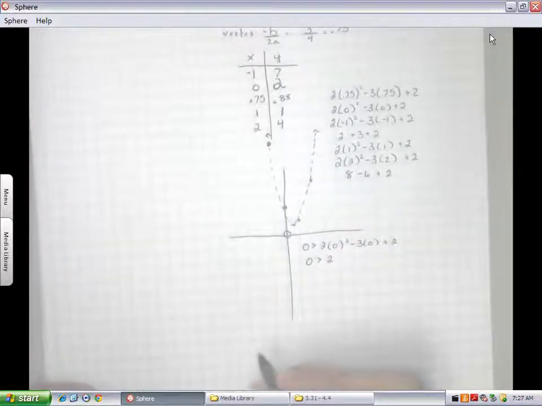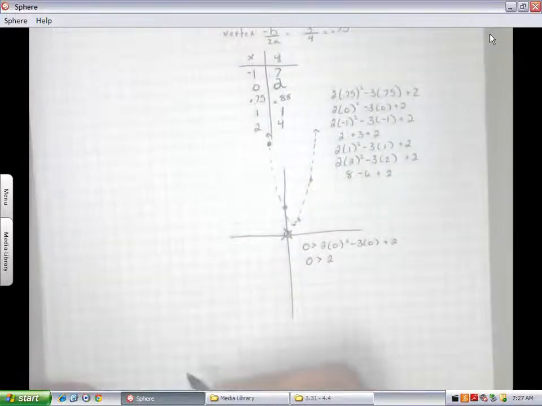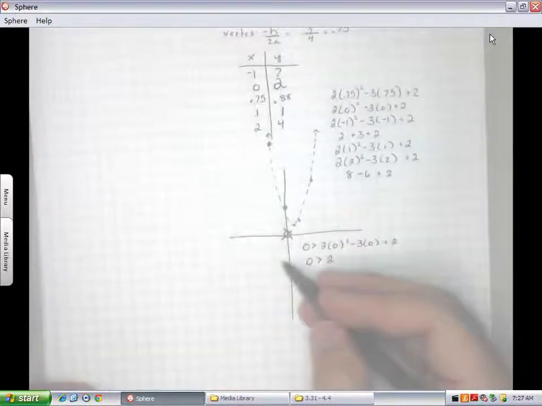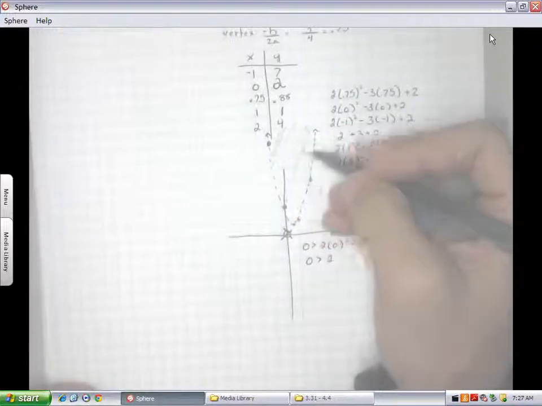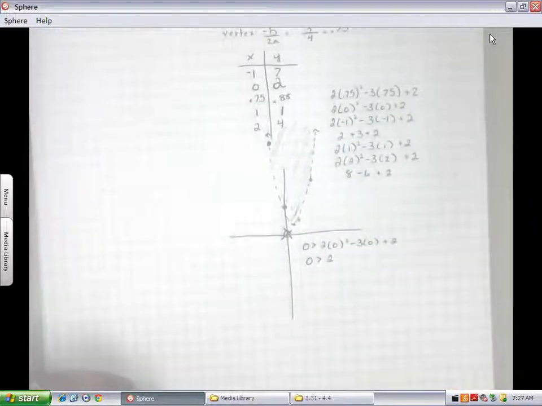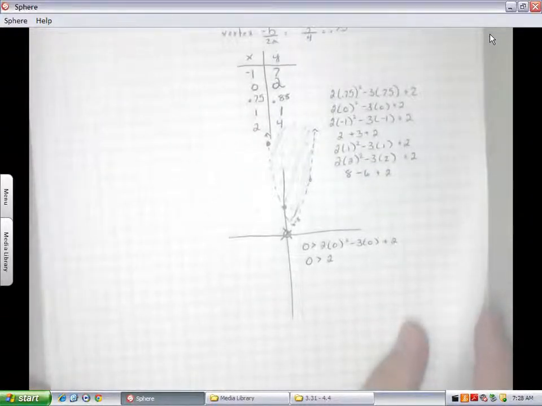That is not true. So 0, 0 should not be shaded. So the outside of my parabola should not be shaded, which means I'm going to shade inside my parabola. So all of the points that are shaded would be solutions to this inequality.